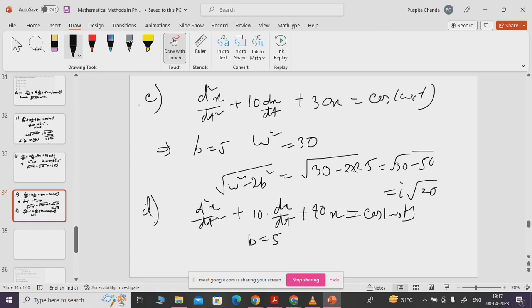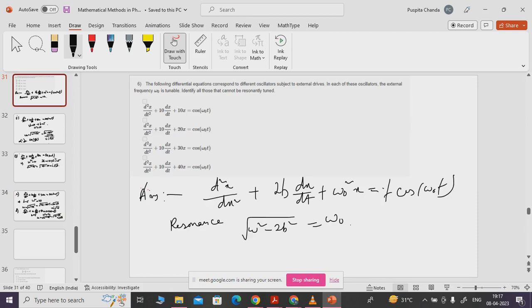B is 5, for all the options B is 5. Now omega square is equal to 40. So omega square minus 2b square is equal to 40 minus 50. It is i root 10.